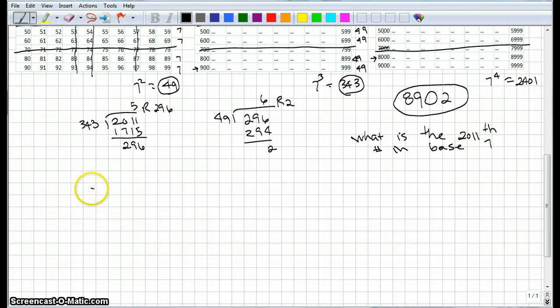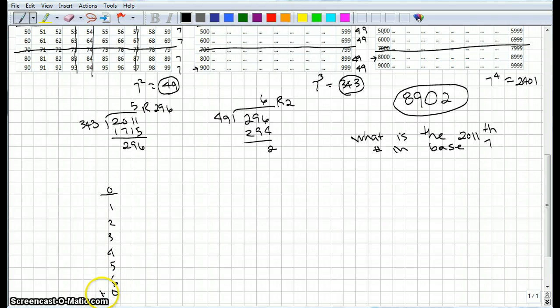Okay, so in base 7 our units digit just counts how many ones, just like in base 10. So we're going to count 0, 1, 2, 3, 4, 5, 6, and then we run out of digits. In base 7, we don't actually have a 7. So then the next number after that is going to be 10.